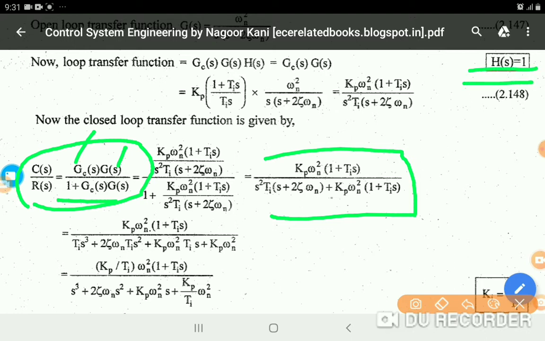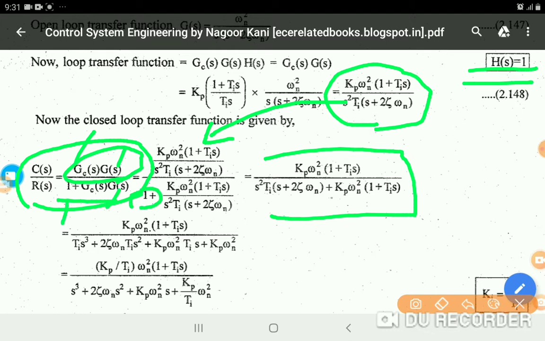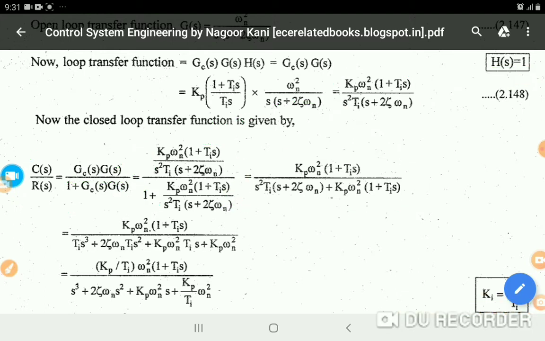So now simply put the value here, Gc of s G of s. It takes the value here, a mere substitution, as the numerator. In the denominator side we have 1 plus the same.